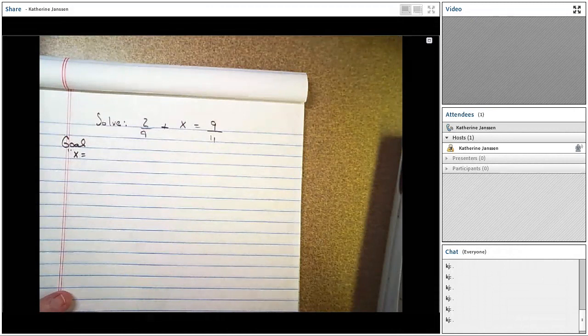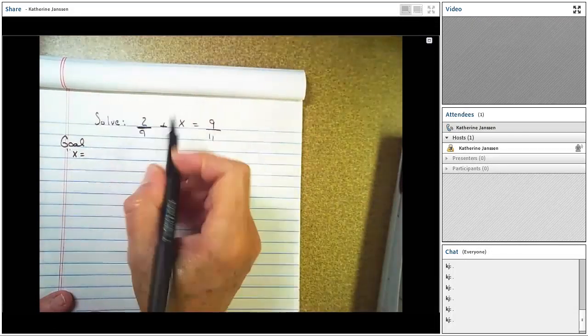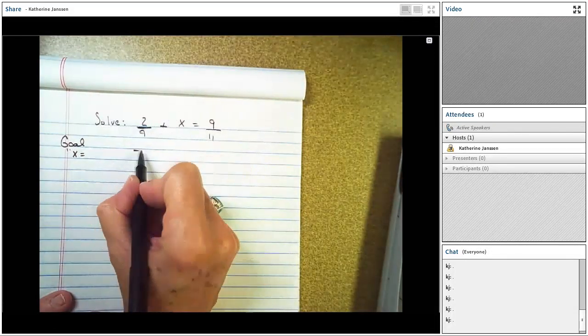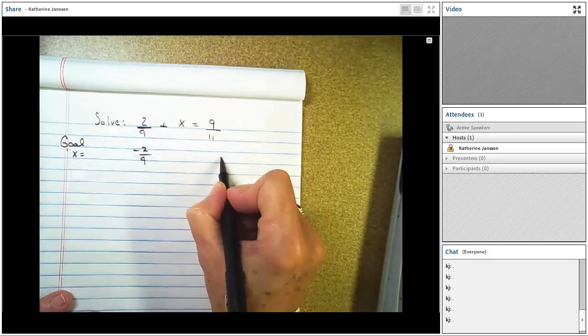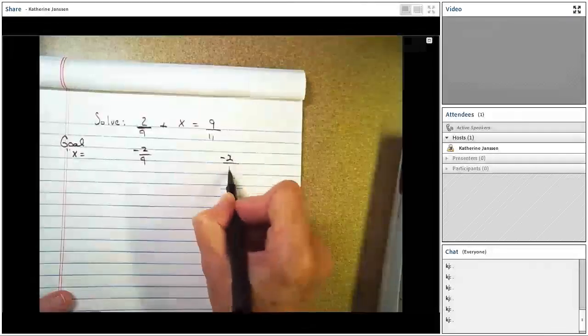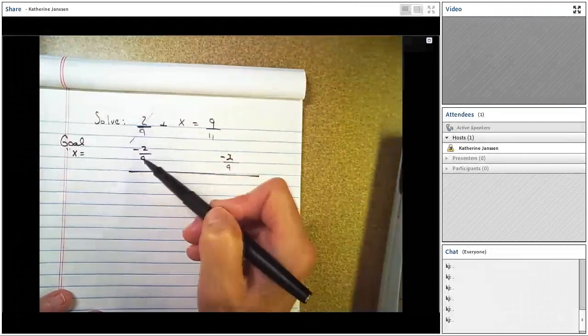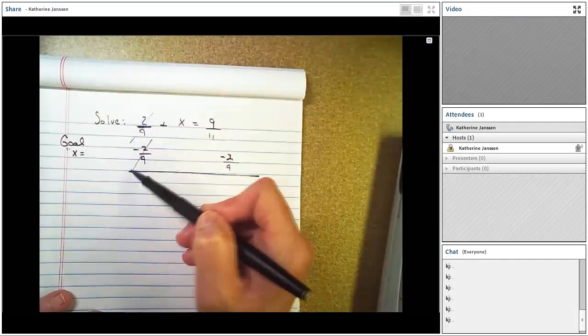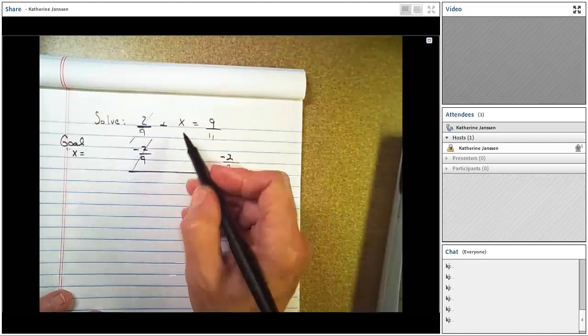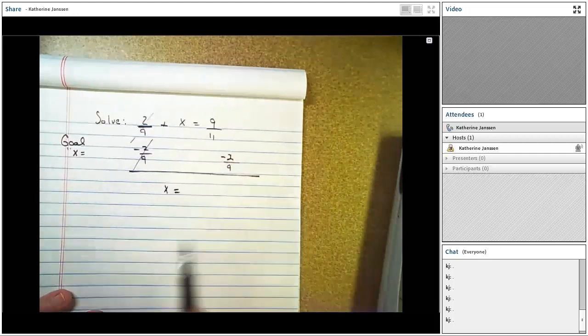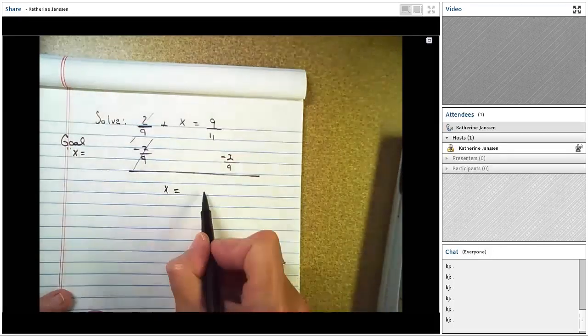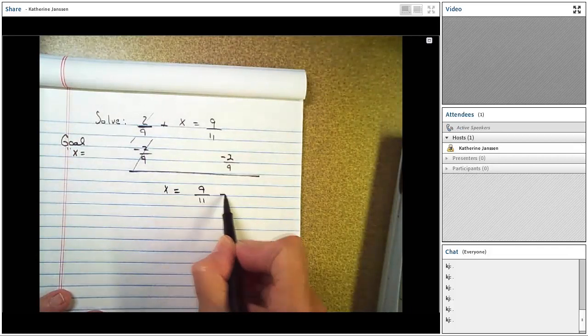And we know that if we want to get rid of this term, we can add its opposite to both sides. Adding its opposite, 2/9ths plus negative 2/9ths goes to 0, and 0 plus x is x equals. So I'm getting pretty close to my goal. I just need to tidy up this side of the equation.